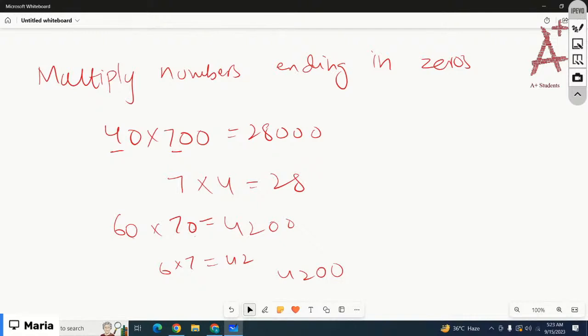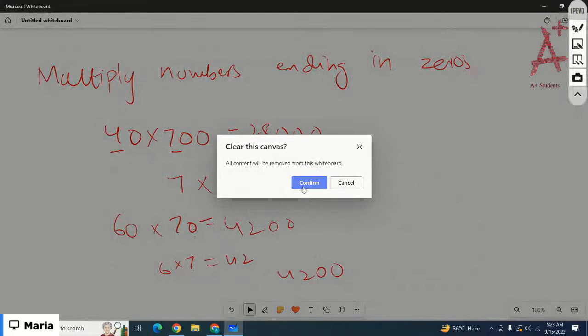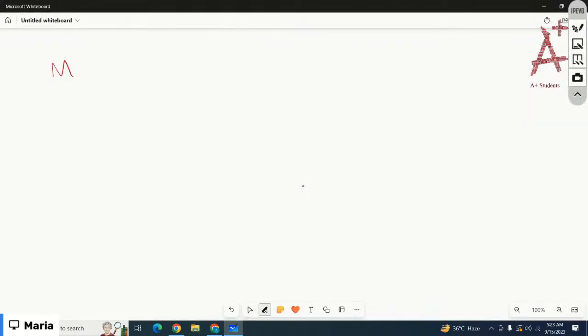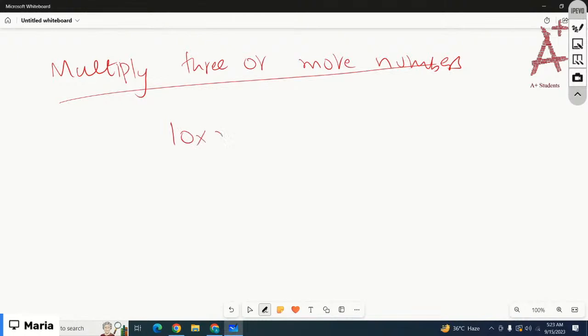Okay, the next one is multiply 3 or more numbers. Like we have done with multiplication of two numbers up to 4 digits, now what do we have to do if we have to multiply more than two numbers? For example, you have to do 10 times 3 times 2.